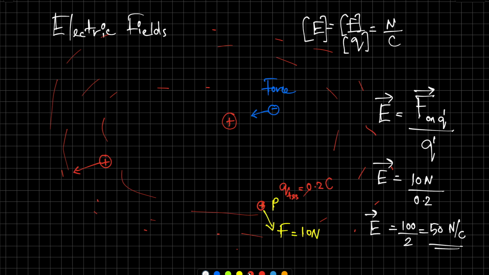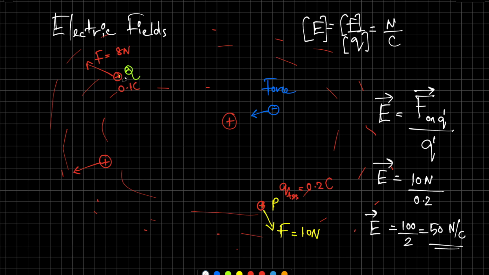Now, if you want to measure the electric field at this particular point here, let's say Q, place another positive test charge here, and measure the force on this one, let's say 8 newtons, and this test charge is, I don't know, 0.1 coulomb.